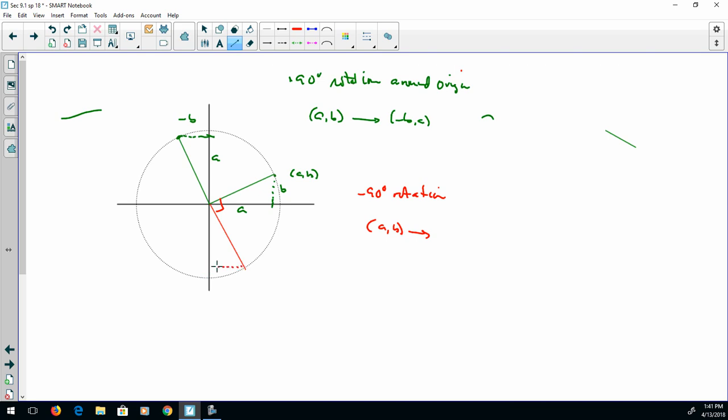And B used to go up, now it's going to go to the right. So this is going to take A, B to the new x coordinate is B, and the new y coordinate is minus A. Okay, think about that.